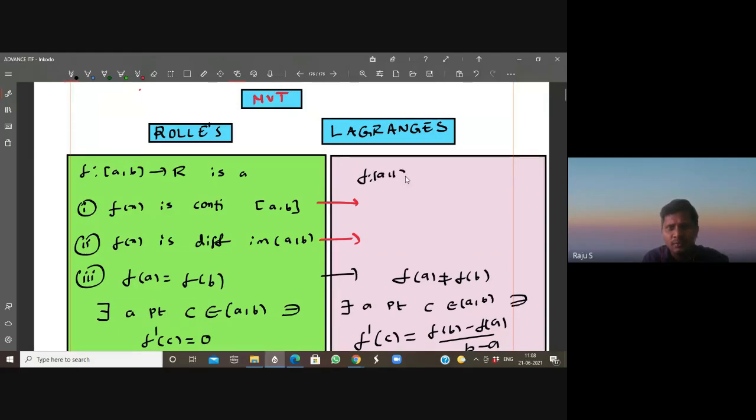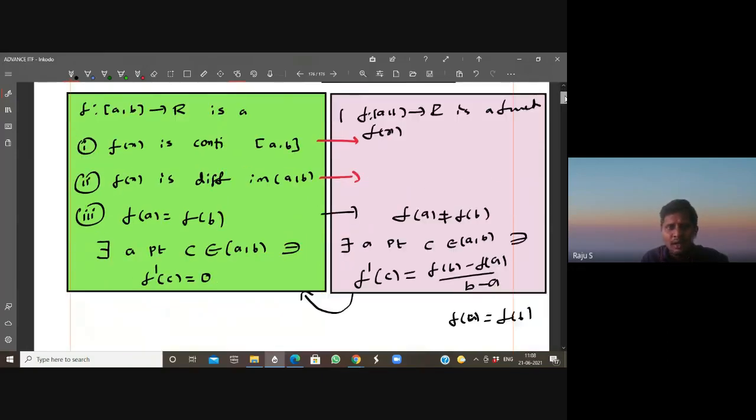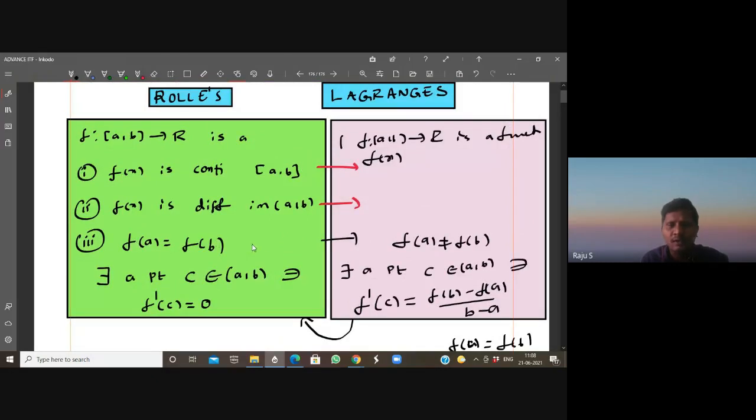So what is the statement of Lagrange's now? f is defined from a to b to R, a function f of x which satisfies the following conditions. The first is that f of x is continuous in the closed interval a comma b. Same point. The second point is f of x is differentiable in the open interval. The third point, in Rolle's, is f of a equal to f of b.